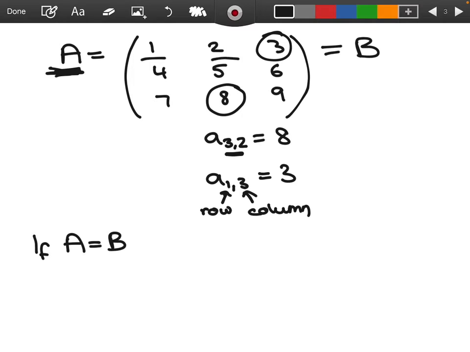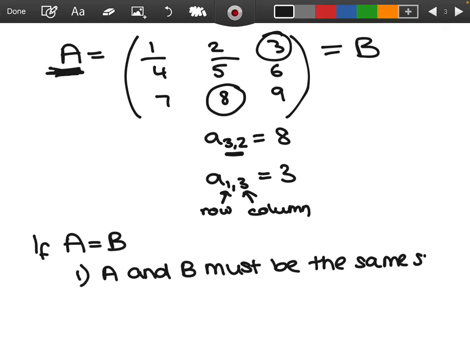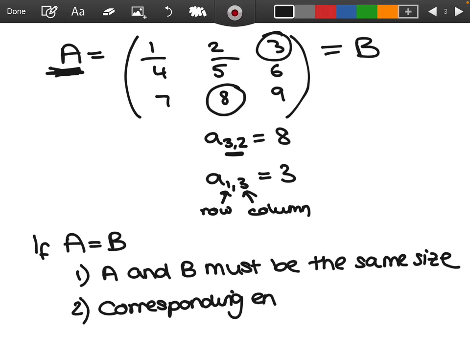So I have a 1 in my first position here, in my 1,1 position. My 1,2 position is a 2, etc. So if A equals B, number one, they have to have the same size. And the second thing is that they have to have equal corresponding entries. So they must look exactly the same.